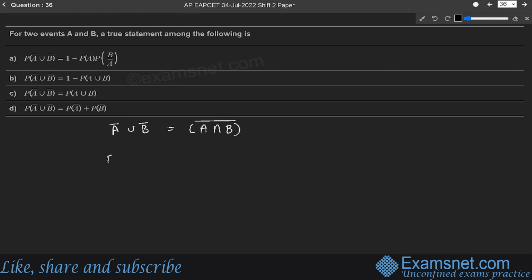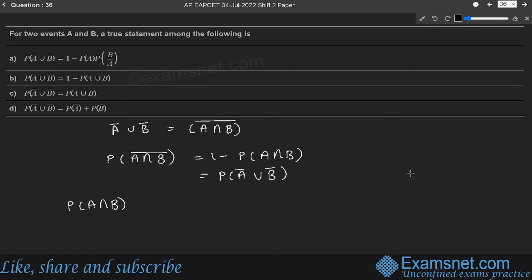And we also know that P of A intersection B whole bar will be equal to 1 minus P of A intersection B. And 1 minus P of A intersection B can be written as P of A bar union B bar.